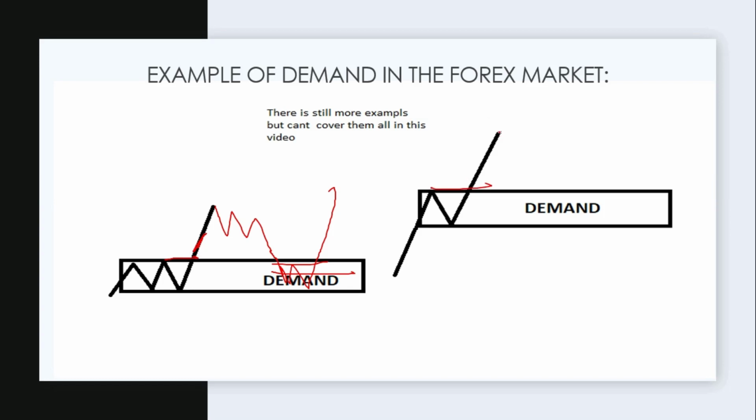The market will come back, tap in our demand zone and shoot up, and then we buy just right there, hoping for the market reaction to go up. So that's how we see the demand zones, and I will make a video explaining the demand zones on the chart. I don't want to make this video long. I want to make it short so you guys can enjoy the videos. So let's go to the next one.